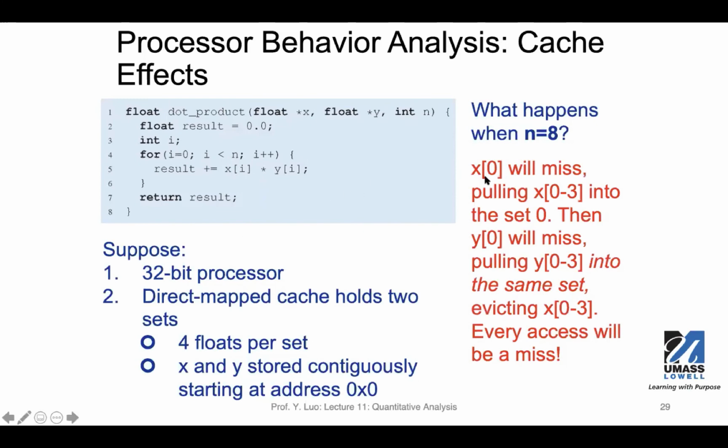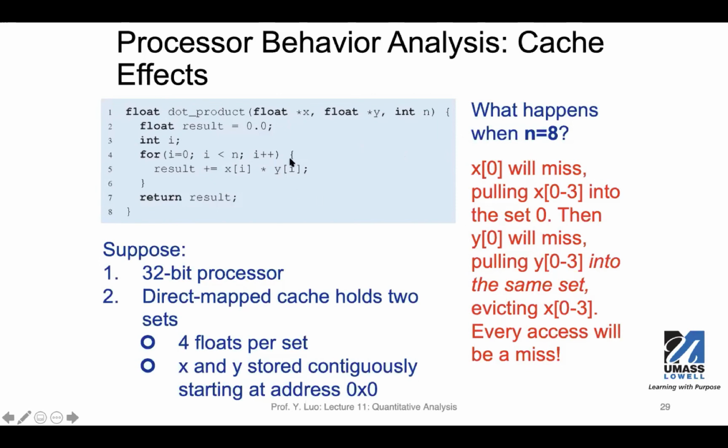Now what will happen is, when you first load X0, the cache finds there's a cache miss, and it will load a block into the cache from memory. But this time, because X has 8 floating point numbers, what's after X0, X1 is X2, X3. So the cache miss will cause these 4 floating point numbers from X to be loaded into the cache at set 0.